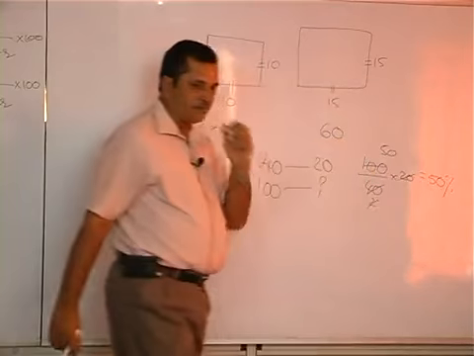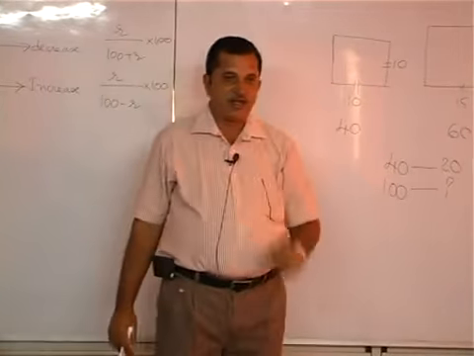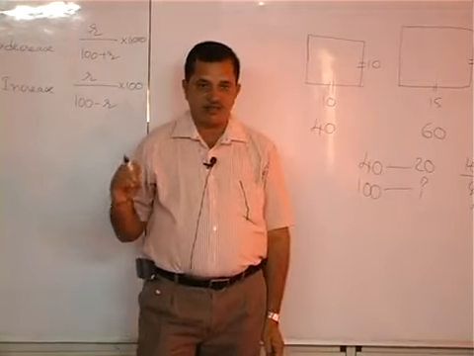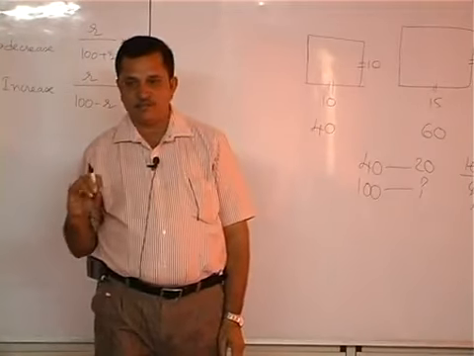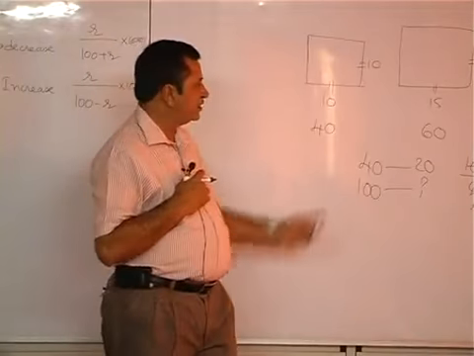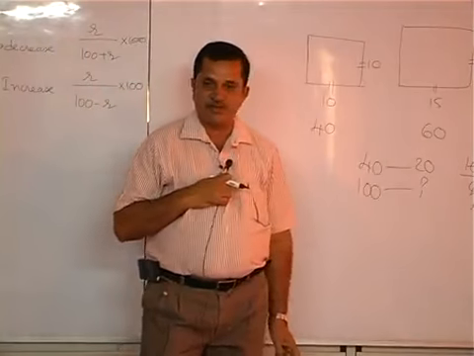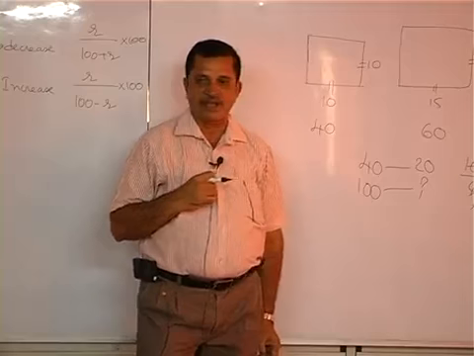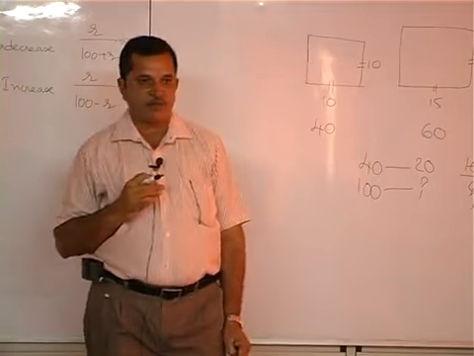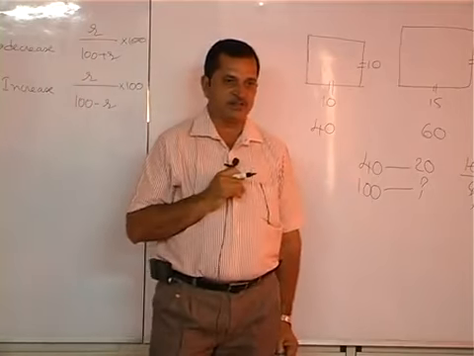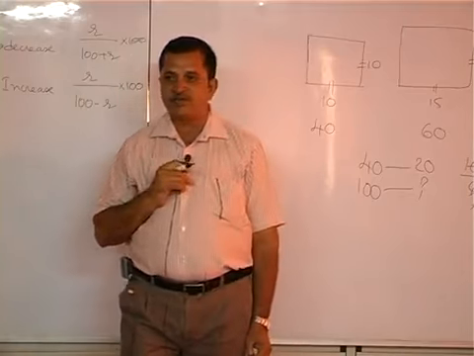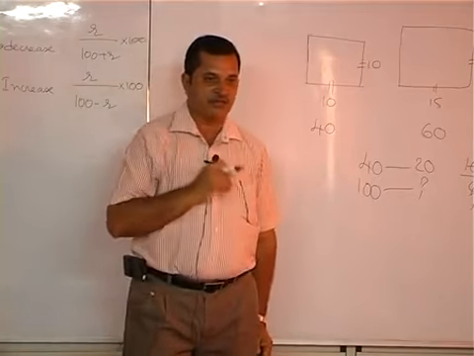50%. But here, as far as my knowledge is concerned, there won't be any change in the perimeters. Sides are increased by 10%, perimeter will increase by 10%. Sides are decreased by 15%, perimeter will decrease by 15%.